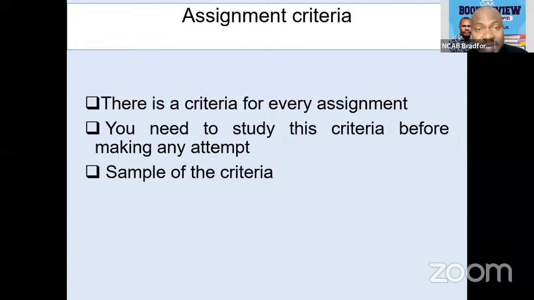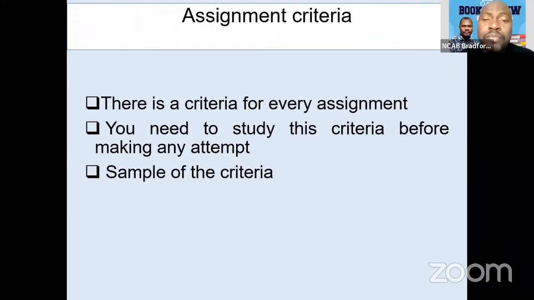Study it at every stage of your assessment writing. When you are writing your assessment, go through the assessment criteria to know if you are following the pattern, if you are following what your tutor or lecturer asks you to do.